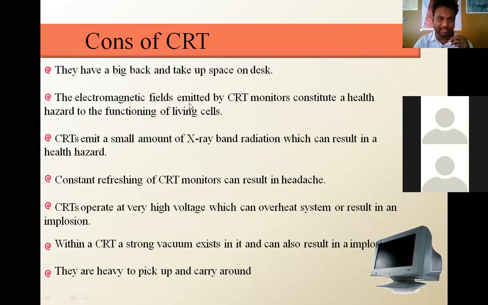The electromagnetic fields emitted by the CRT monitor constitute a health hazard to the functioning of living cells, because we are generating high cathode rays here, which can be harmful to some living cells. And CRT emits a small amount of X-ray radiation, which can result in a health hazard. Also, within a CRT, a vacuum exists.